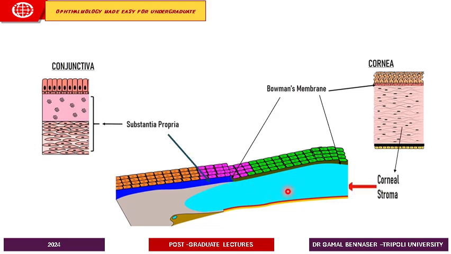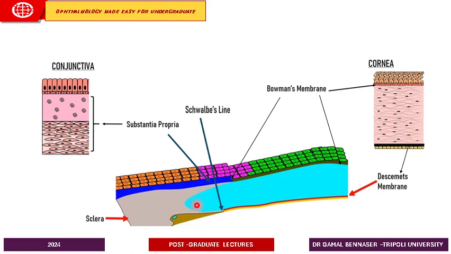Now, as far as the remaining parts of the cornea, the stroma will continue with the sclera. The sclera will not have a linear or sharp demarcation, but it will have a wedge shape, and this is the scleral spur here, which forms the scleral sulcus. This is the scleral sulcus, and it houses Schlemm's canal and is covered by the trabecular meshwork here. So the corneal stroma will continue with the sclera.